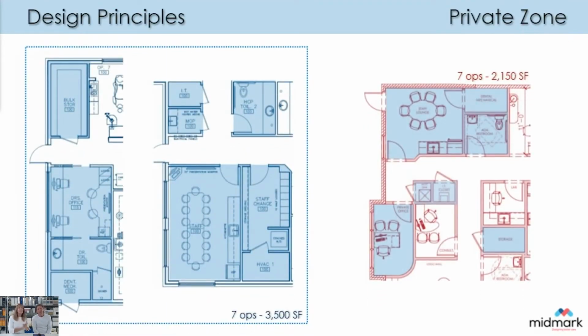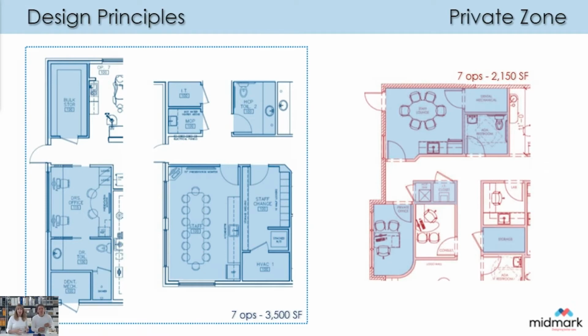But wait, there's more. We have a private zone. In conditions where we realize you can't always get the optimum square footage for whatever number of reasons, whether it's a lease space that just doesn't have quite enough but it's the best location, we understand that, and we work in those circumstances. What we generally would do then is the private zone would be the area that gets compromised.